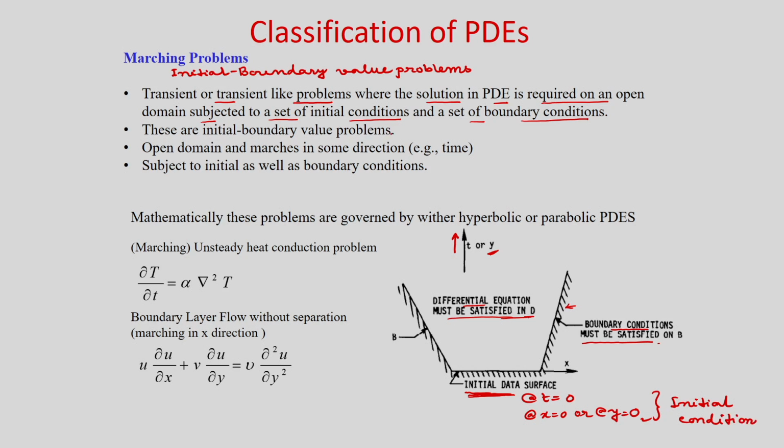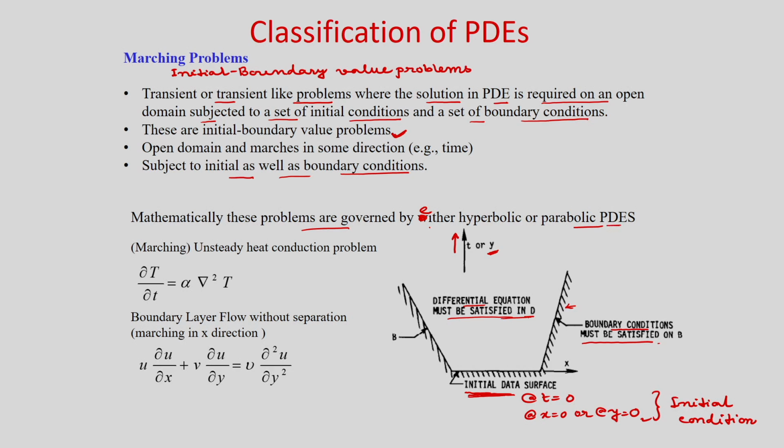So, these are initial boundary value problems with an open domain, marching in some direction, time or some special direction, and subject to initial as well as boundary conditions. Later we will show that mathematically these problems are governed by either hyperbolic or parabolic PDEs.